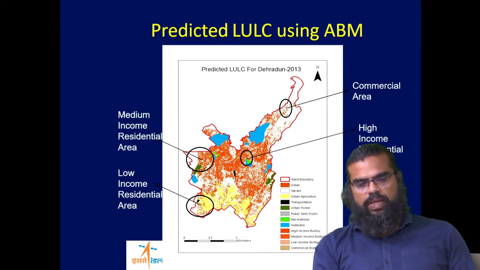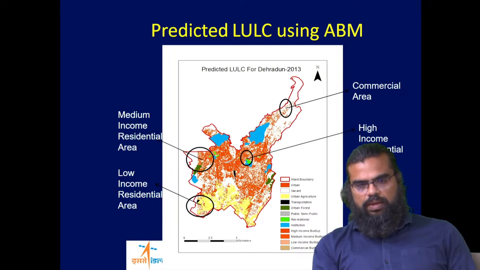So this is just an example where agent based models are being used to show which places in the near future will have housing for a particular income group, based on the income group status.